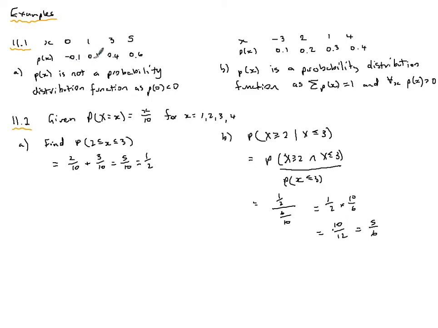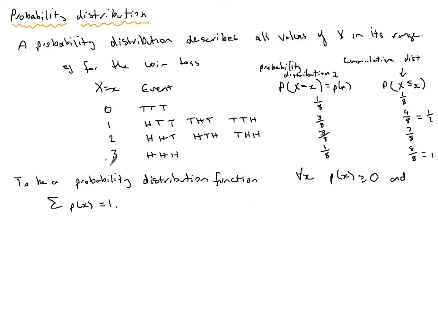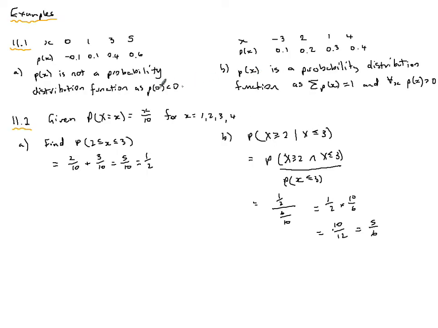Now you can see that this still adds up to 1, so that satisfies the second criterion, which is this one here. But it doesn't satisfy this first criterion because one of the probabilities is less than 0, and we know that that's nonsense. Probabilities have to lie between 0 and 1. So p(x) is not a probability distribution function as p(0) is less than 0. That one is a problem.